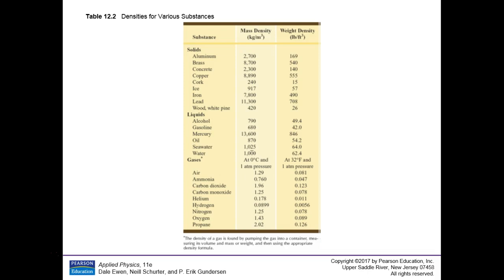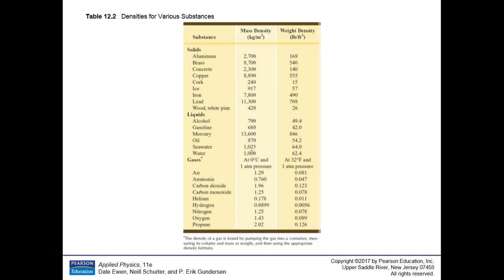Carbon dioxide is a little denser. I don't want to get into too much here, but I'll leave that alone for now. Carbon monoxide is not quite as dense as carbon dioxide because it only has 1 oxygen per molecule rather than 2, so it's lighter. In fact, it's lighter than air.